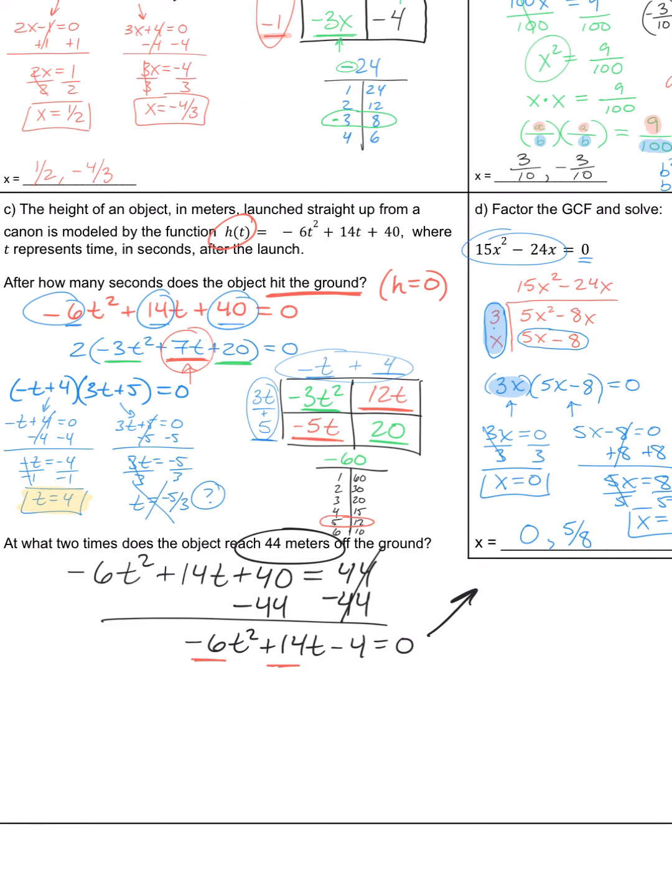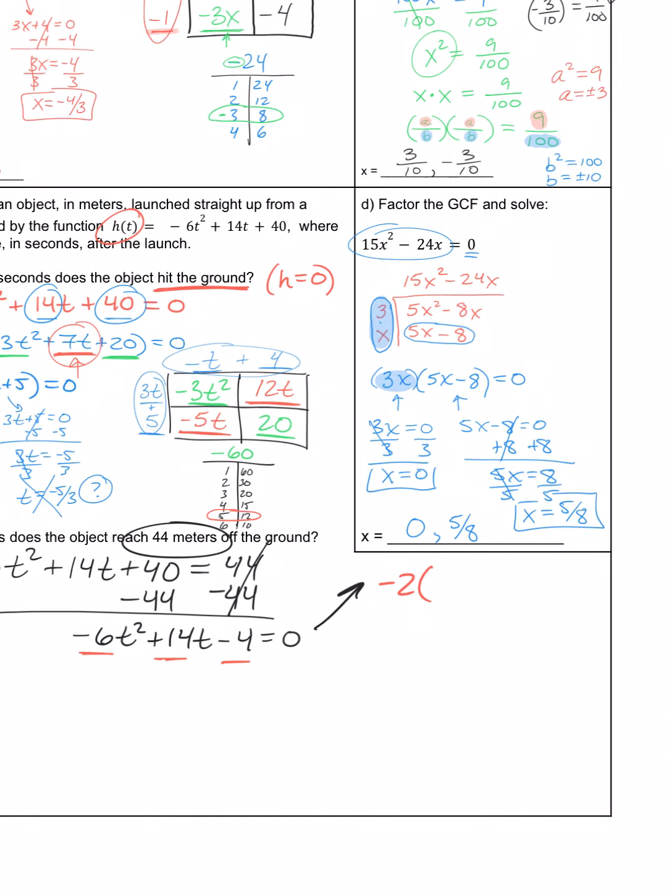I'm going to factor out a negative 2, and what we're going to get is a trinomial left over. The quotient will be 3t squared, negative 7t, and then, factoring out a negative 2, we have plus 2.